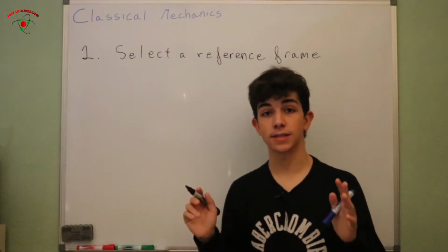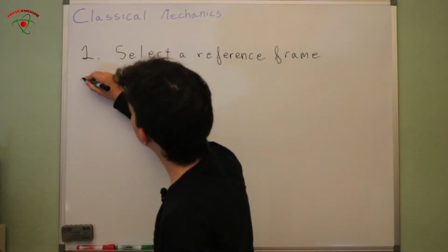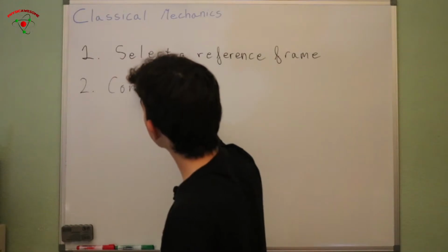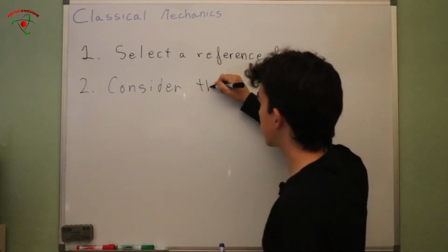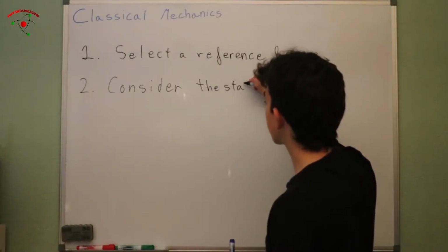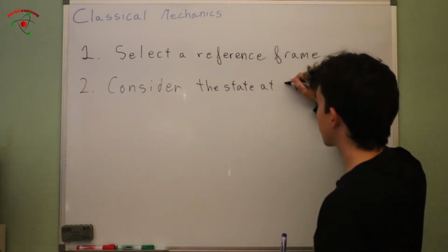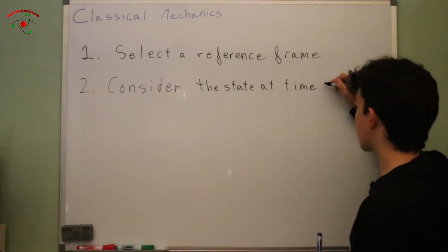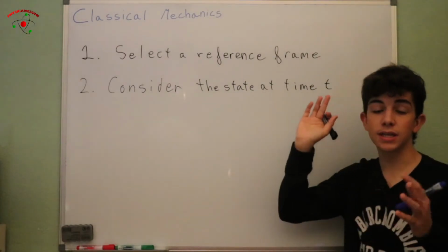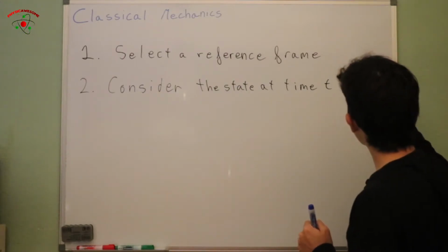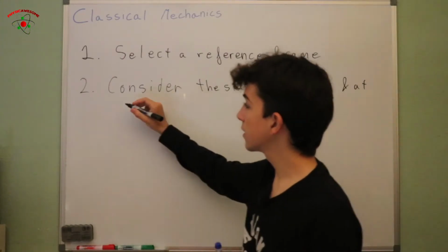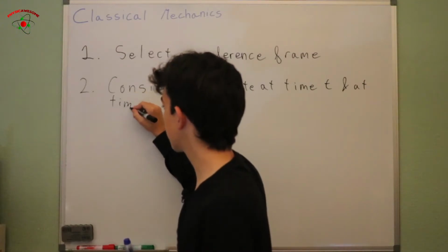The next step that we need to do is to consider the state at time t. At time t, that was our old t initial that we had, and at time t plus delta t.